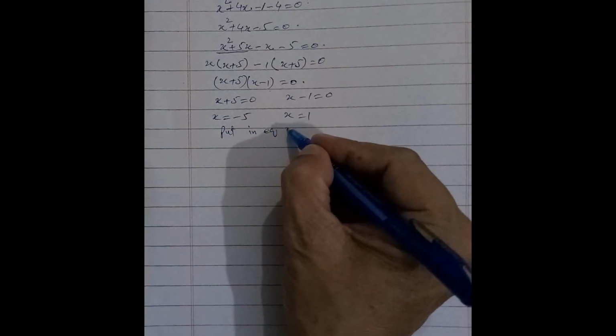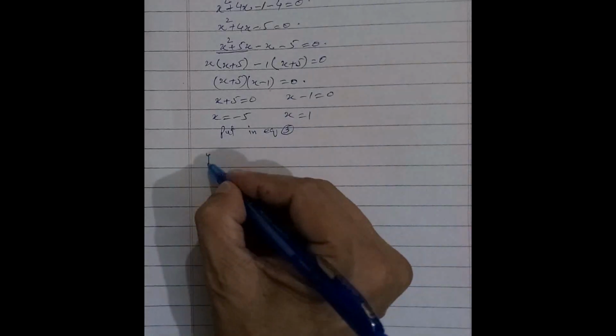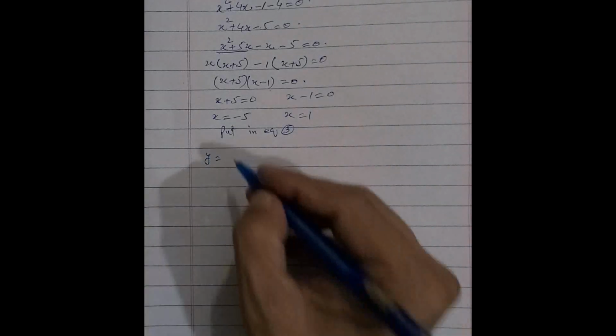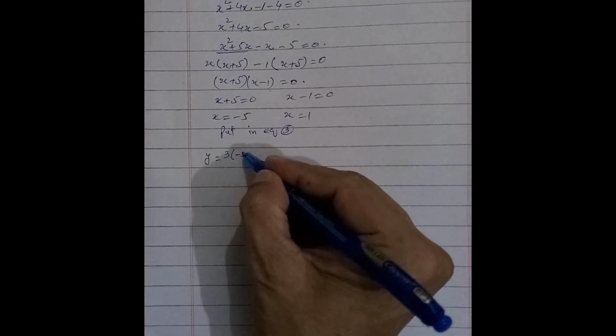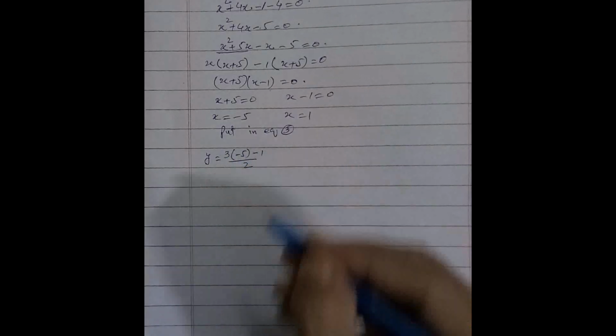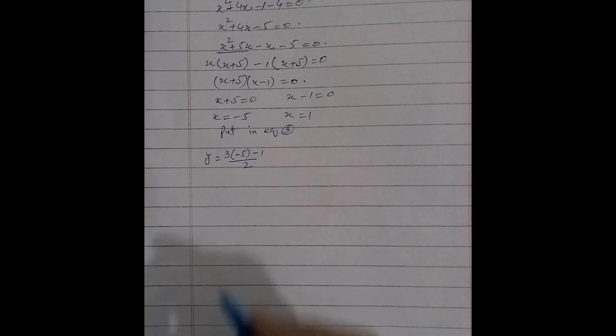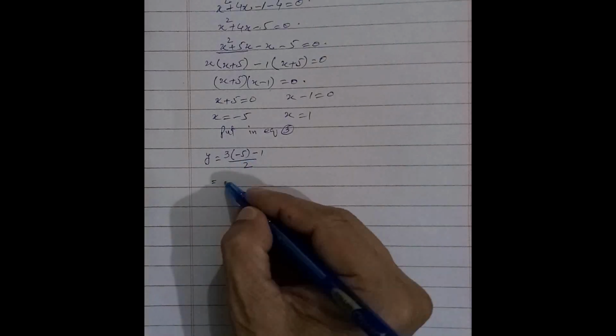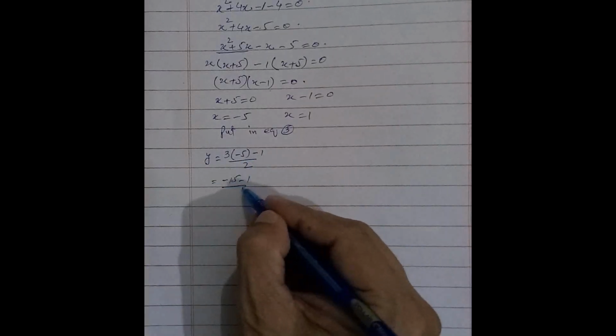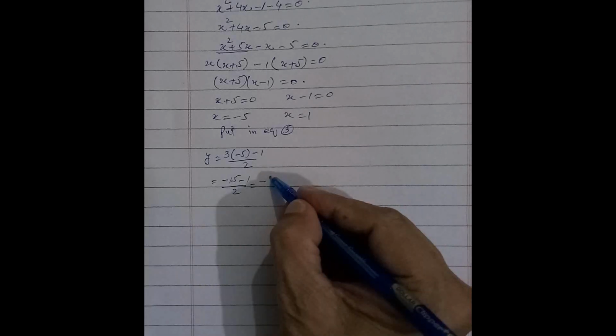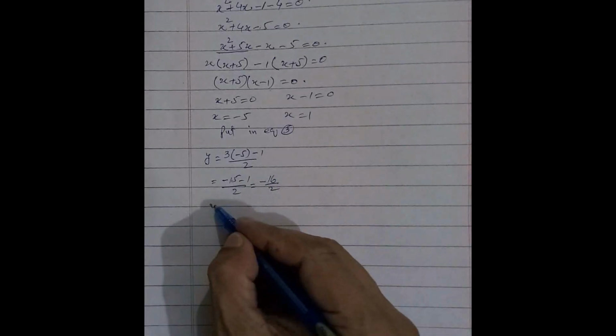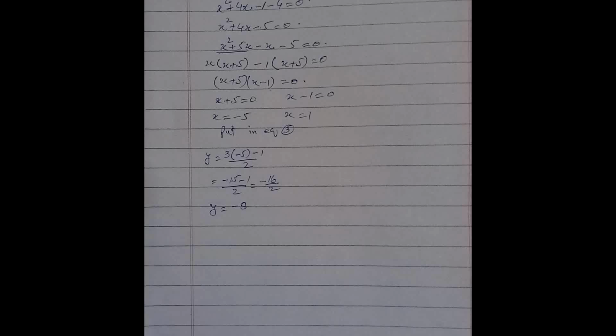We get y is equal to 3 into minus 5 minus 1 over 2. Simplify it. 3 5s are 15, minus 15 minus 1 over 2 is equal to minus 16 over 2. We get y is equal to minus 8.